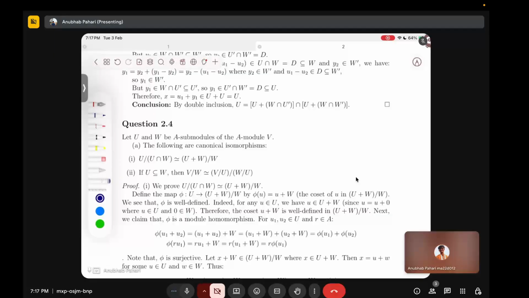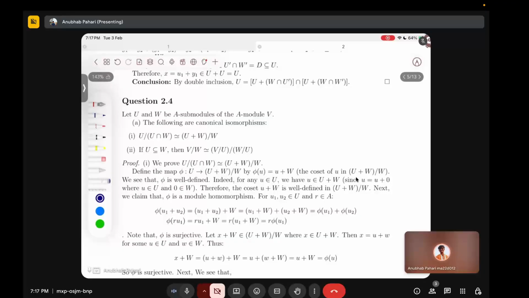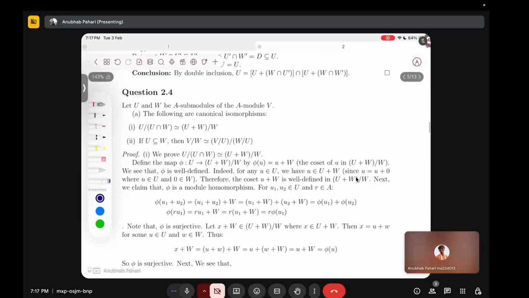And the second says that if u is contained in w, then we can say that v mod w is isomorphic to v mod u mod w mod u. So these are called classical isomorphism theorems. You have seen this in group theory, also in ring theory. So there is an analogous result also for module theory.